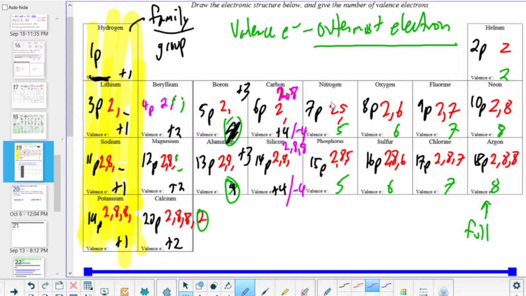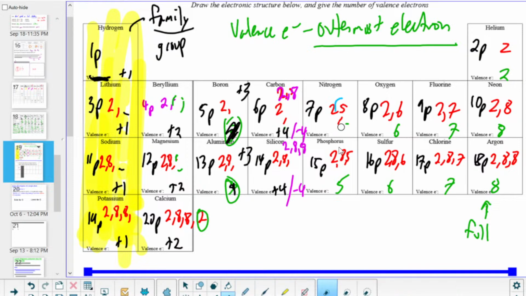But once we get to nitrogen, let's go with Lisa. What does nitrogen do? Take away the 5, or what else could it do? Oh, you can't add 5. What's the maximum that can be here?